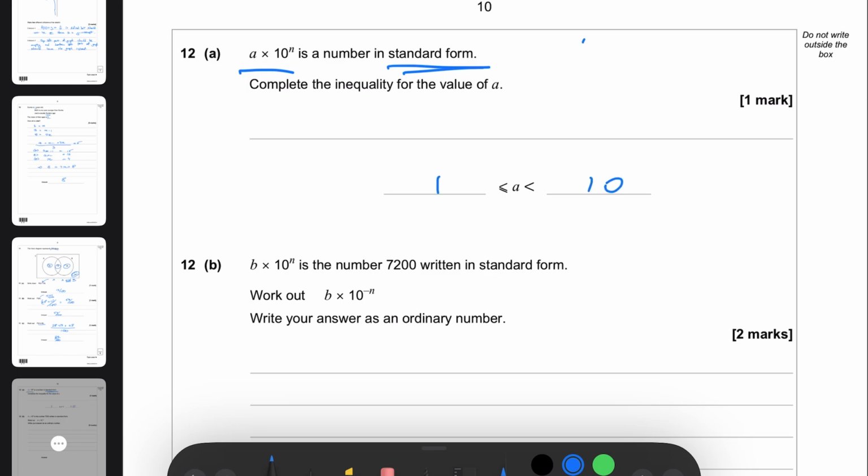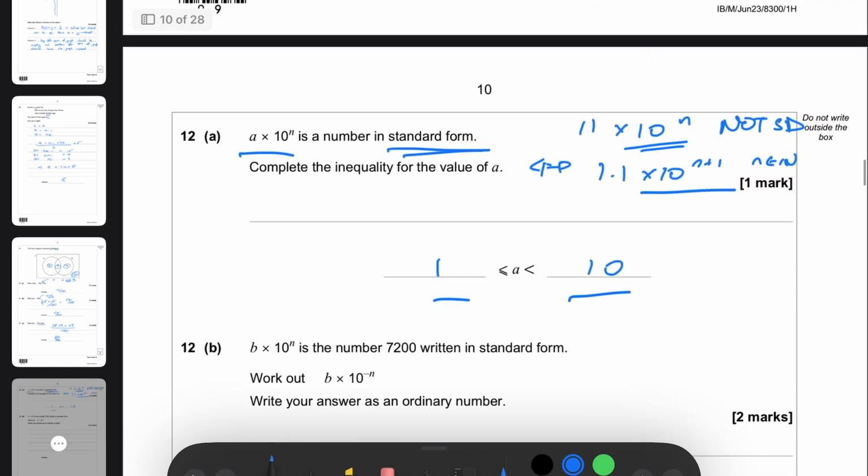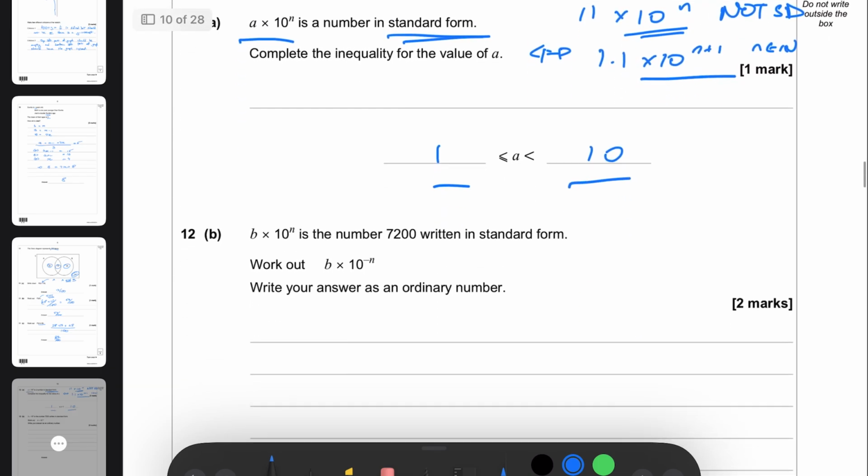If you have, for example, 11 times 10 to the n, this is going to be correct, but it's not going to be in standard form, because you can write that as 1.1 times 10 to the n plus 1. So this is literally it: it's between 1 and 10. Pretty simple. I doubt you'll be watching this video for this question, but yeah.